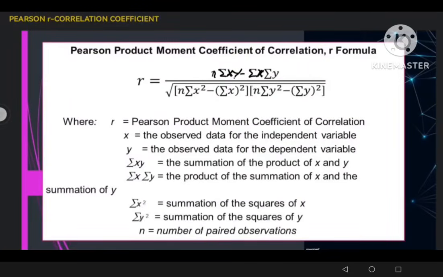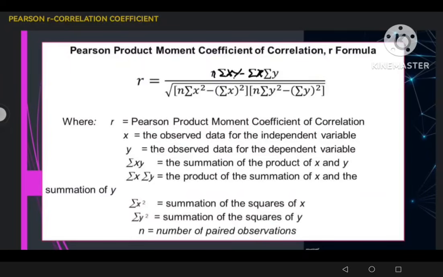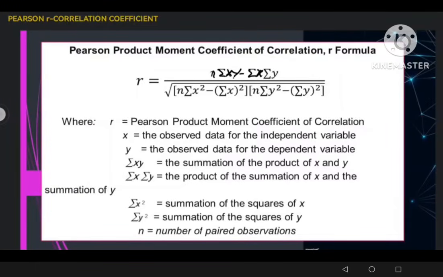We have here our Pearson product moment coefficient of correlation formula. So we are going to use this formula in dealing with the Pearson R correlation coefficient. We have here R, and it has its definition of the meaning of R there, X, Y, summation of X, Y here on this side.